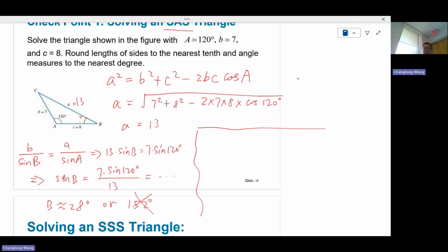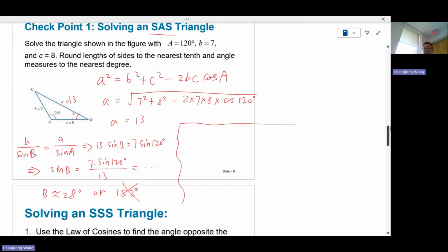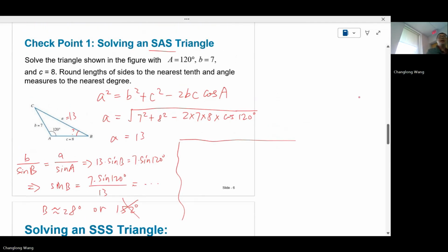Now, what did I say about when will be the best time for you to try the law of cosine? SAS, right? That means if you're looking for an angle, let's say B, and you're provided the two sides, well, the angle is in between, right? We call it the included angle. Try the law of cosine.